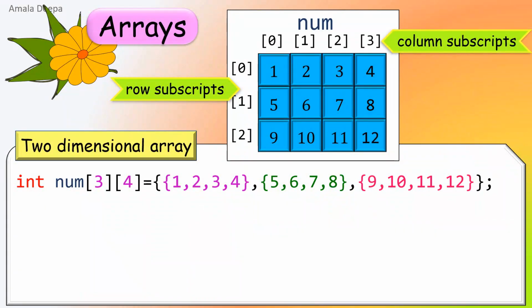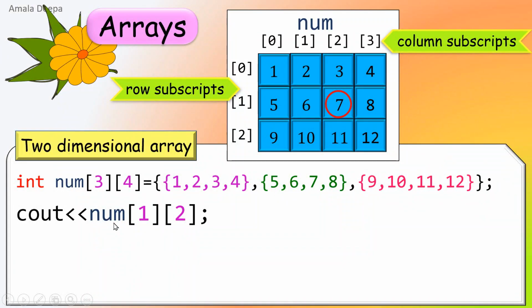To access an element in a two-dimensional array, for example, to access the element 7, you should look up the row subscript and the column subscript for this location, which is 1, 2. So I write a cout statement, cout num[1][2], that is the name of the array num, 1, 2.